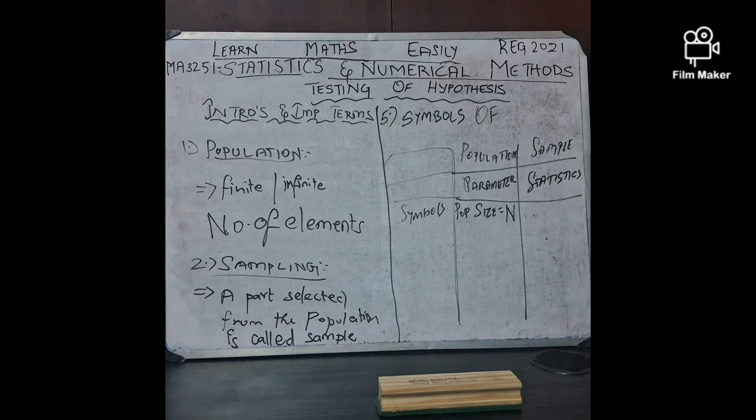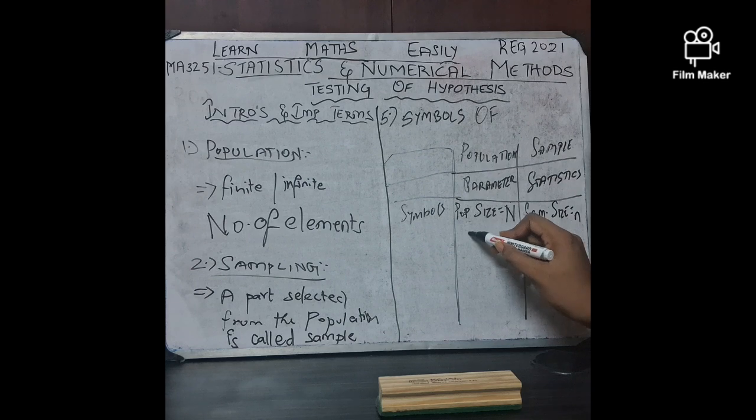The representation of each and every parameter in statistics and numerical methods is very important. It should not be changed. So the population size has to be represented as capital N. For sample size, it is small n.